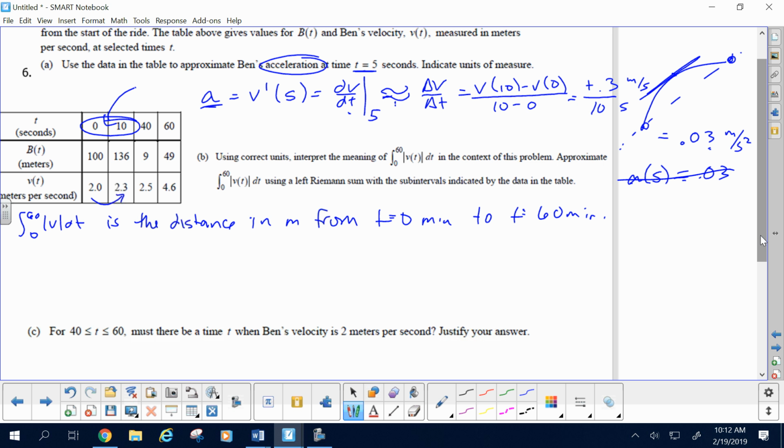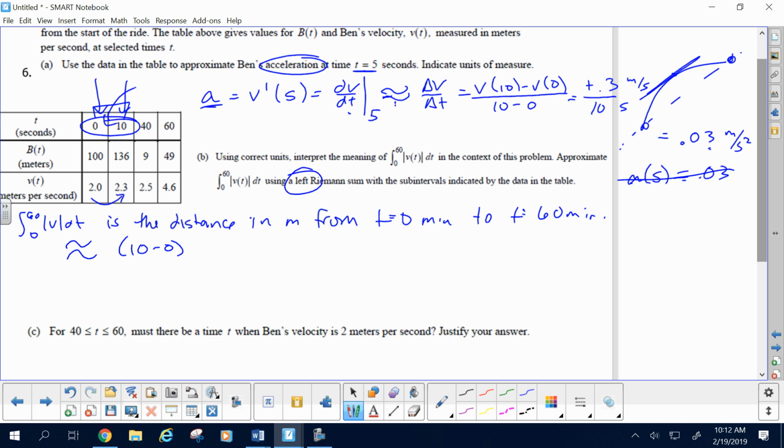Last but not least, the Riemann sum. The approximation for this is base times height. Now the first base is 10 seconds, yeah? And if I'm using the left-hand Riemann sum, then do I use 0 or 10? 0.